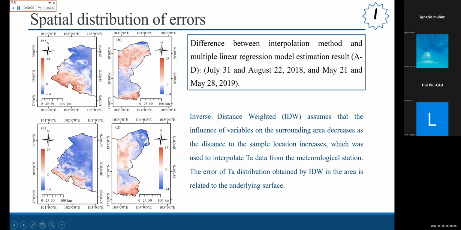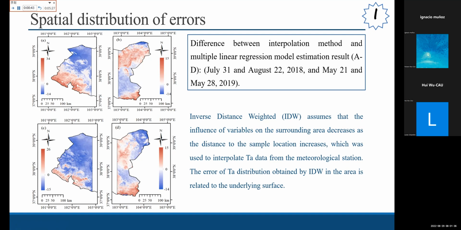Because the data of two adjacent Landsat satellites are from different periods, and remote sensing images of the entire study area cannot be obtained on the same day, the basin can only be divided into two parts for comparison. We chose 4 images with fewer clouds, then calculated the difference between the spatial interpolation result and the regression model estimate.